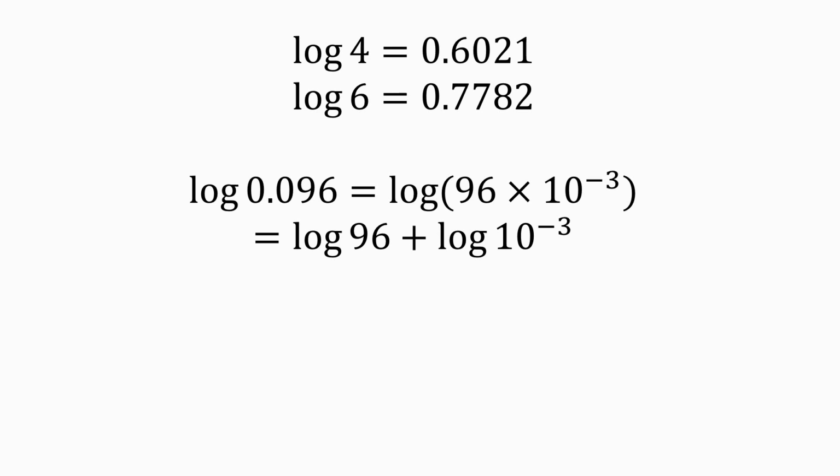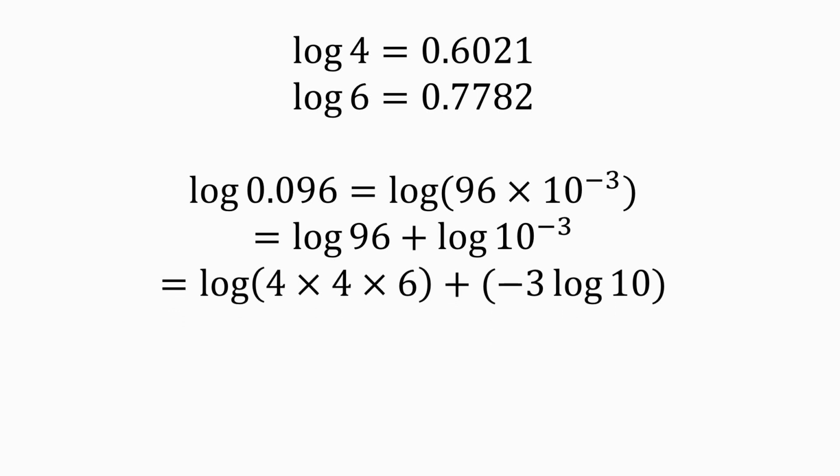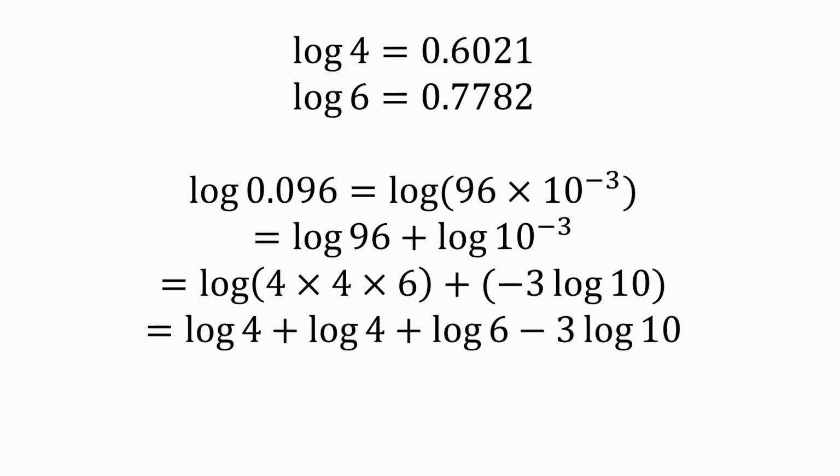Then 96 can be factorized into 4 times 4 times 6. So we have log of 4 times 4 times 6, plus the power can come before the log, so we have negative 3 log 10. Then similar to what we have done in step 1, we shall have log 4 plus log 4 plus log 6 minus 3 log 10.